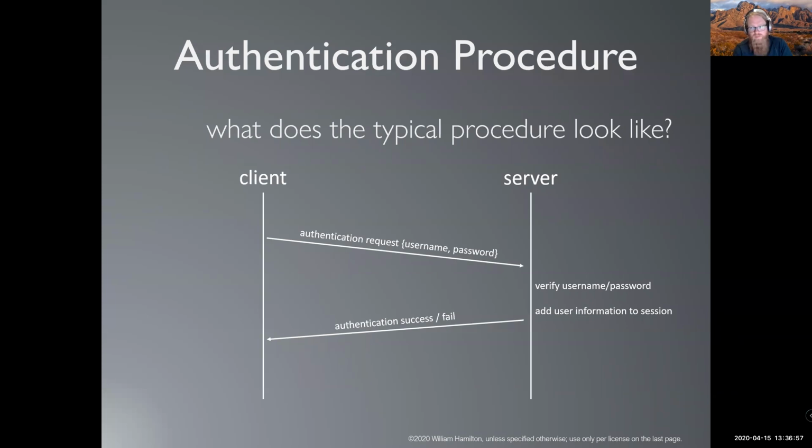The server verifies that username and password. If you remember talking about sessions and how we can store data associated with particular client sessions, normally we will add that username, the user information, to the session after that to say that, okay, the session is authenticated. And we'll send back a success or fail response to the client.